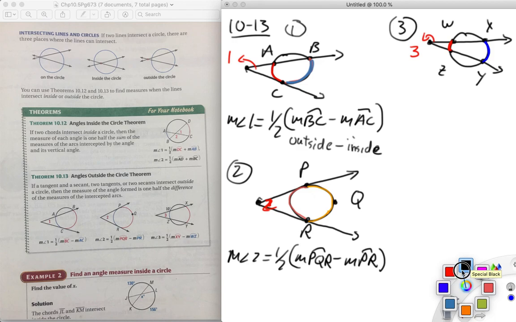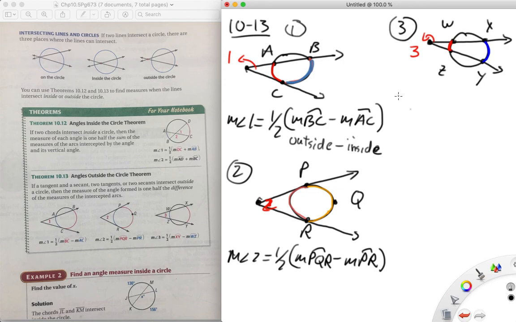We're subtracting the outside arc, which is always the bigger arc, minus the inside arc. And when I say outside and inside, I mean outside and inside in relation to the angle. So the closest arc to the angle is my inside arc. The next arc further away from the angle is my outside arc.